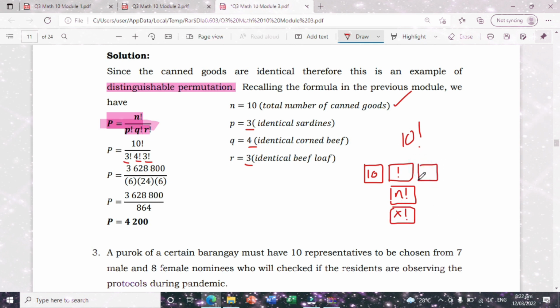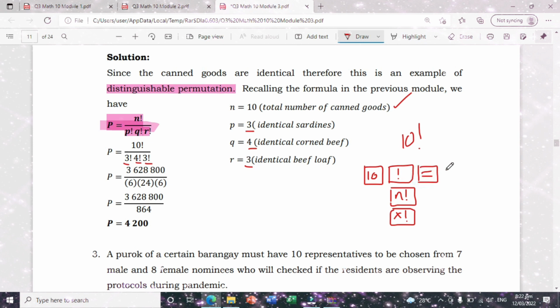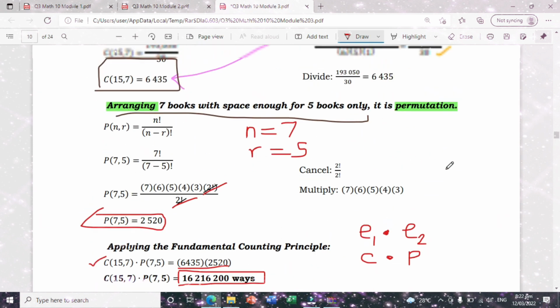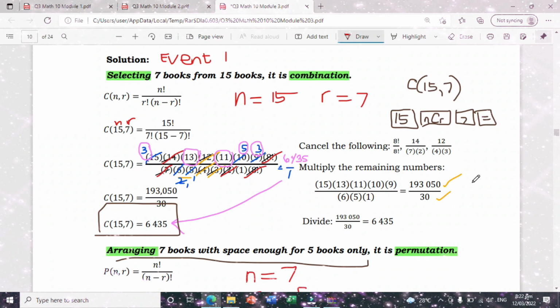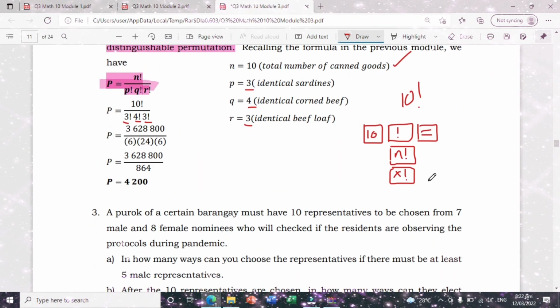Tapos, do not forget yung equals. Kung may equals pa tayo kanina dito. Ayan. So, wag mong kalimutan talagang i-press yung equals. Baka, sige ka tanong, bakit walang answer? Kasi hindi mo na-press yung equal key button. Okay, reminder lang.